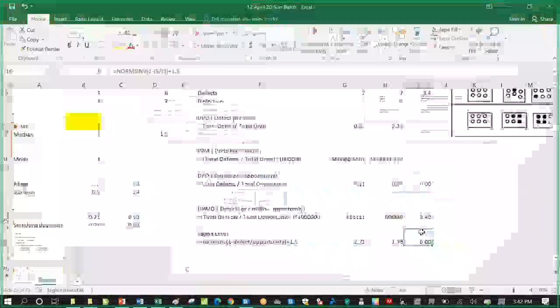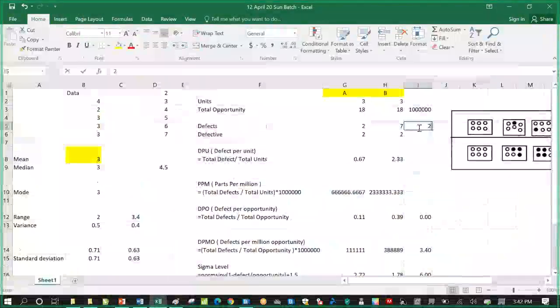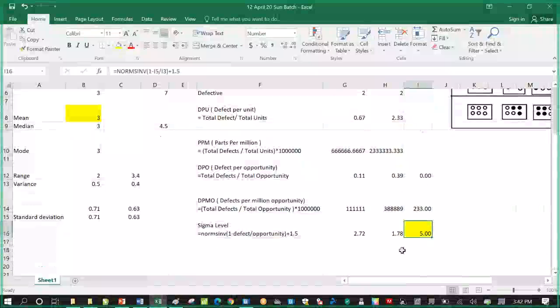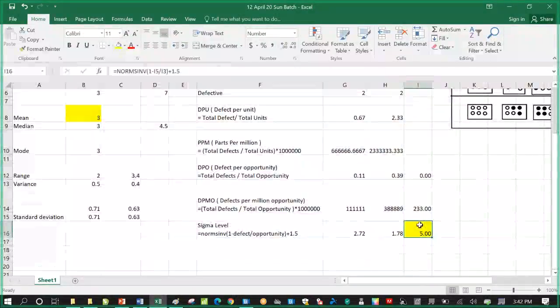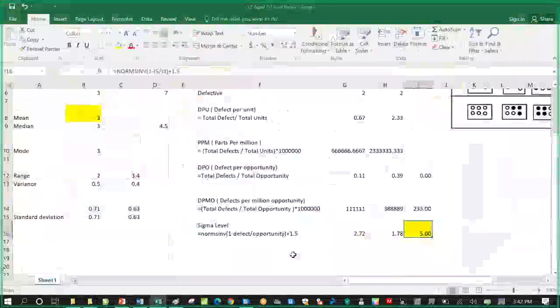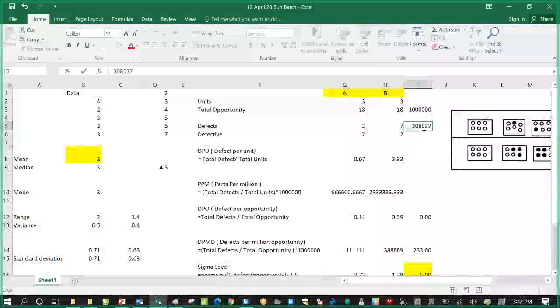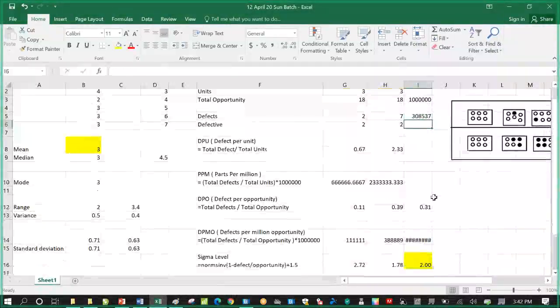So instead of 3.2, let me put this. It's showing 5 sigma. Can you see? Yeah. If I put here 308,537, 2 sigma, can you see that?